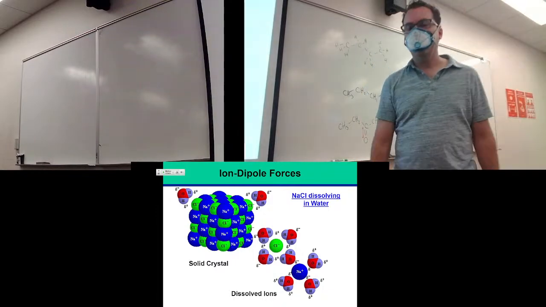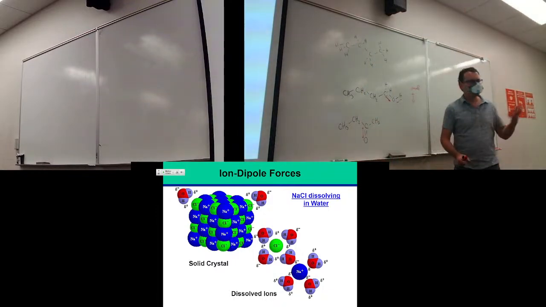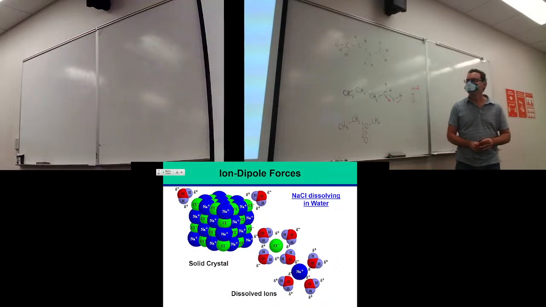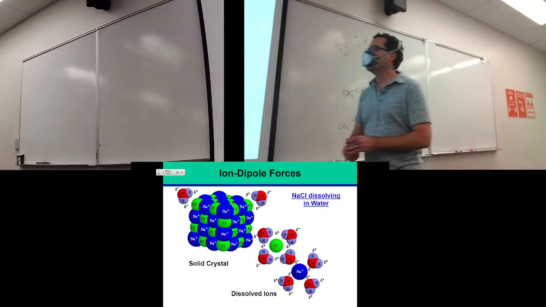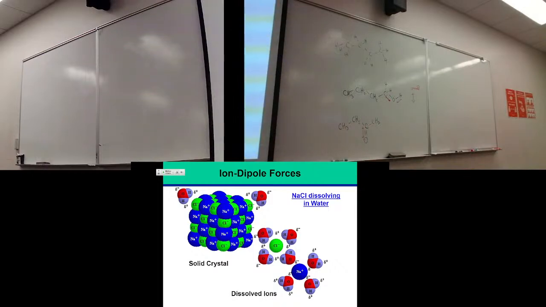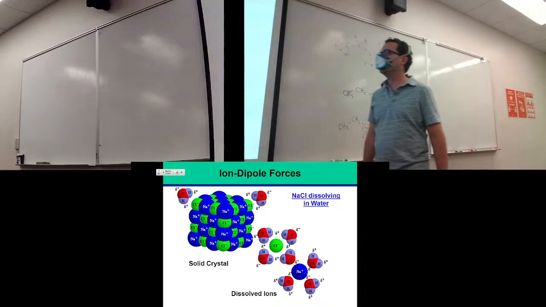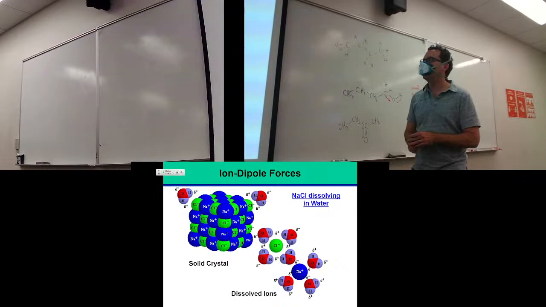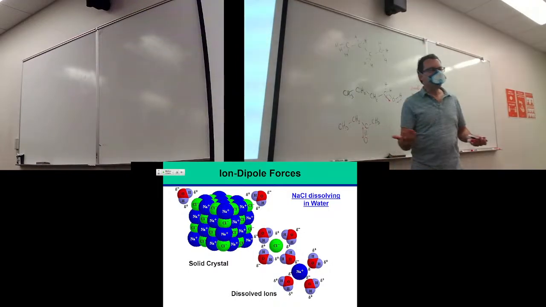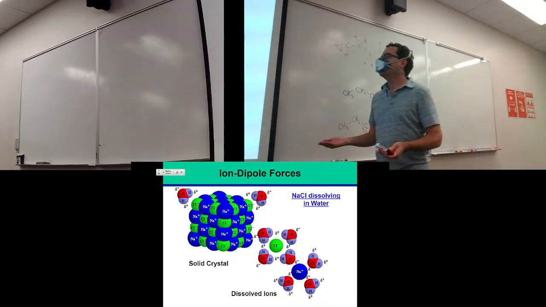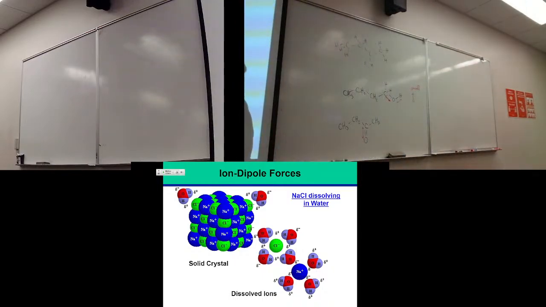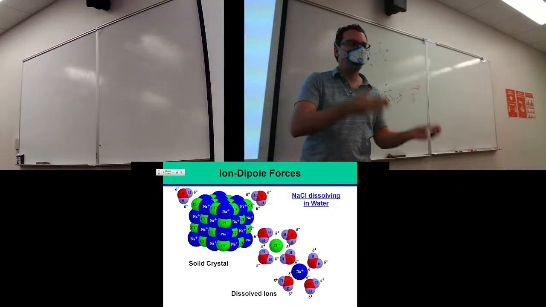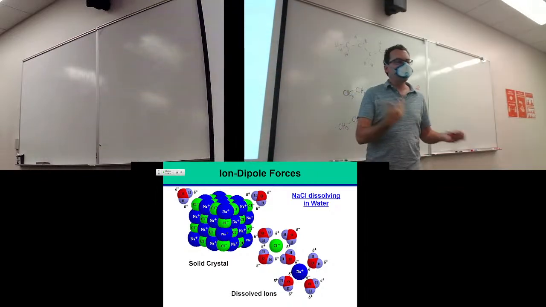So this is exactly how salts dissolve in water, for instance. NaCl is your solid salt, and these ions love to be near each other because they are attracted to each other. Coulomb's law says there is a strong attraction between two oppositely charged ions. So why then would a salt want to dissolve in water? Well, that's because the dipole moment of water has a positive side and a negative side, and will do those same interactions.